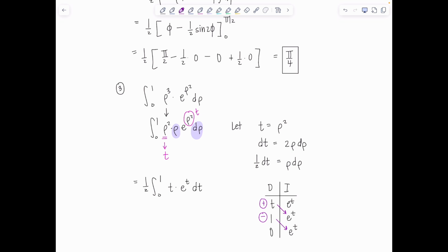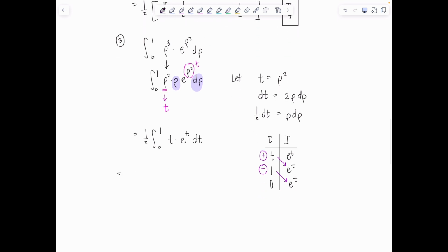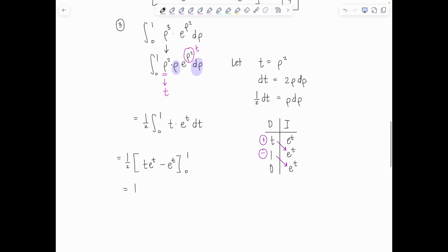Okay, so then we've got 1/2 of t e to the t minus e to the t evaluated from 0 to 1. So that's 1/2 of e minus e minus 0 plus e to the 0. So just a half, is that right?